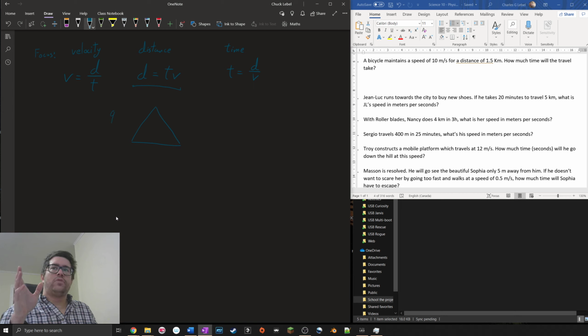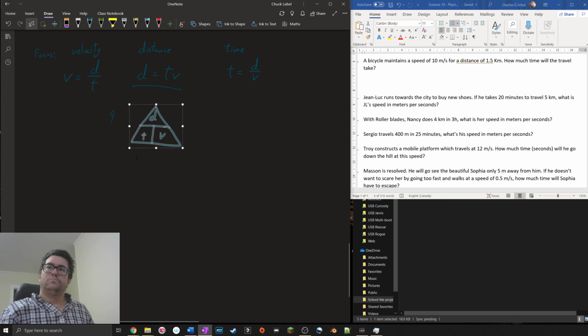So this is like a 9th grade helper. You write D as your first letter, T in this corner, and V in this corner. Then you separate them like so. It's going to work with all of them.